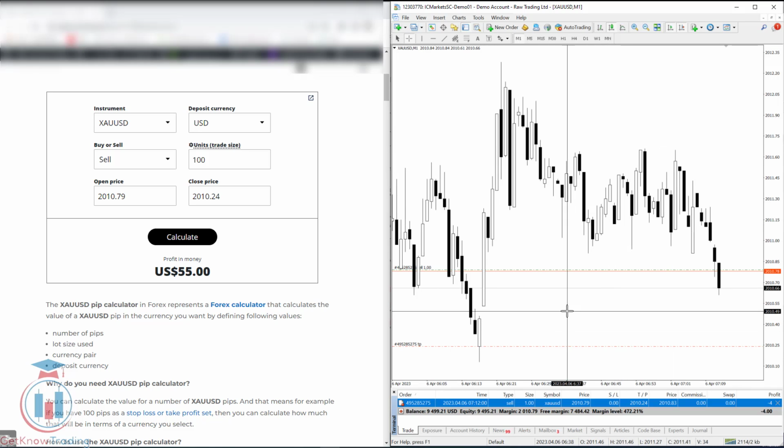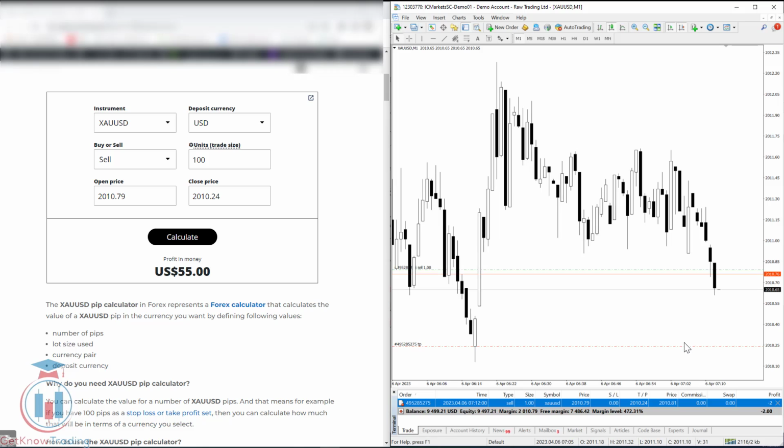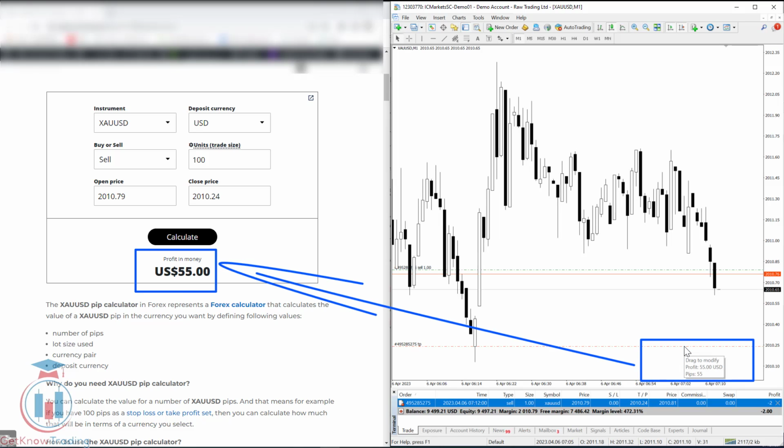Now here is the take profit. When I put my mouse here, you will see what it shows you. It tells you that the number of pips this take profit is defined at is 55, which means $55 of profit.